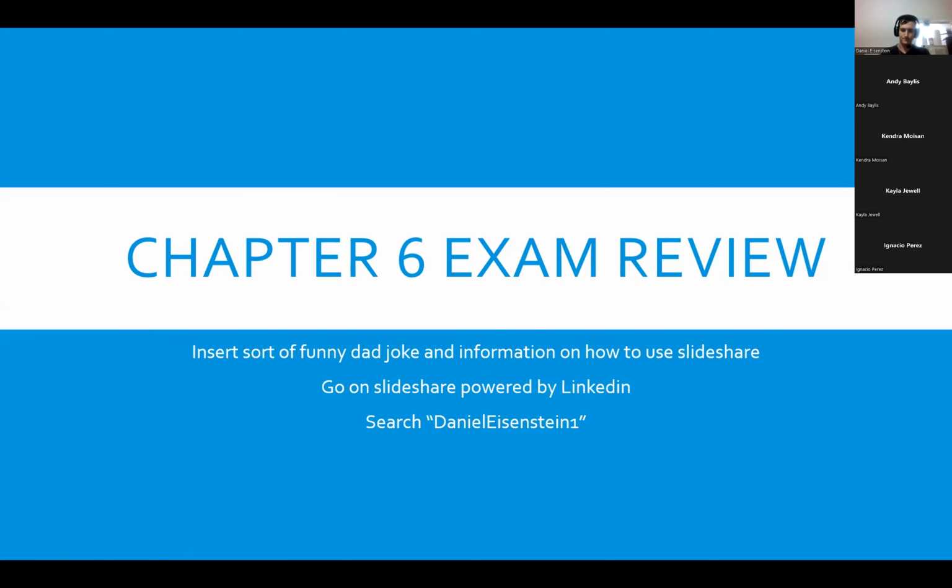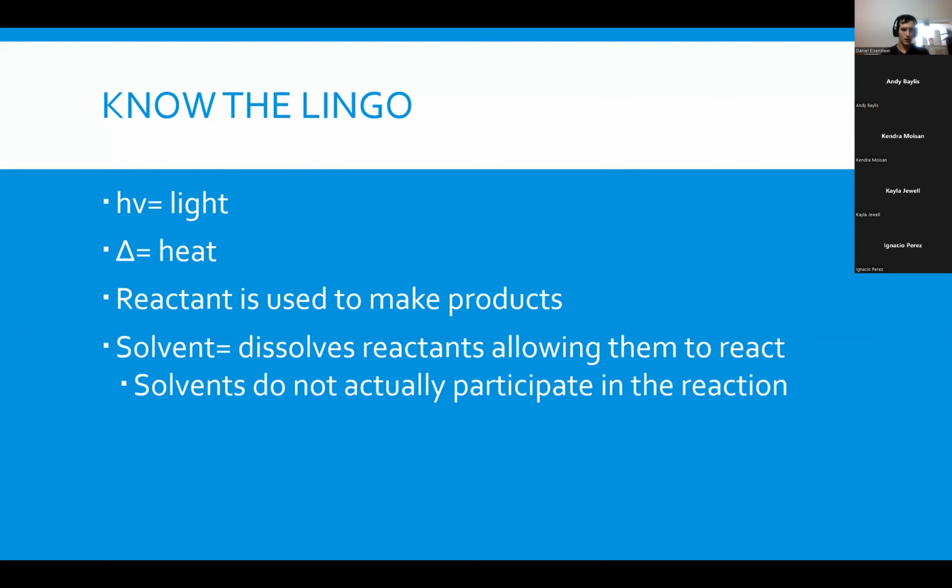All right. So first things first, you guys need to know some of this stuff. So hv is literally just going to be light. Okay. And then delta, that symbol means heat. Okay. A solvent is going to be written below your reaction arrow.